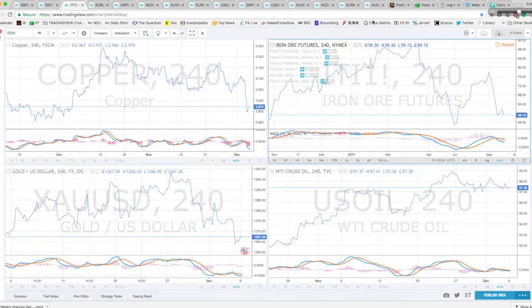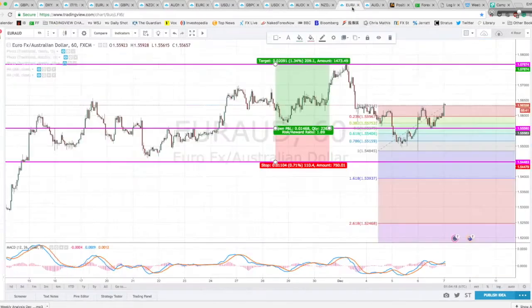Originally, there were two possible pairs. I either wanted to buy Euro Aussie. You can see I actually drew a nice red line here. So I want to buy Euro, and if I get into Euro Aussie, I actually have a much better momentum trend right now. I wanted to get into Euro Aussie because Euro is a neutral currency right now, and especially when the US dollar and British pound both have a lot of geopolitical uncertainty, it makes Euro a more attractive currency because it's stable, it's safe, right?